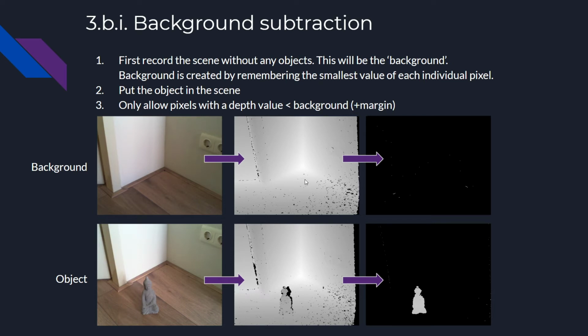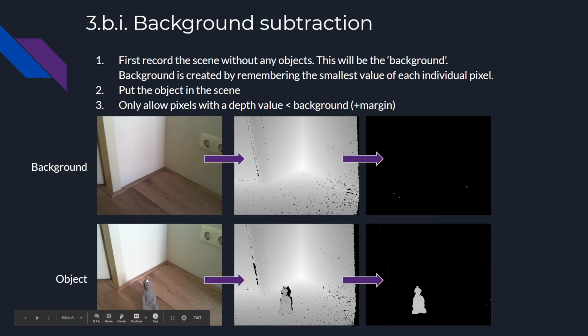And of each pixel across those 100 frames, the smallest value is taken. So what that means is the data that is closest to the camera is considered as the background. And then still you always have some noise that's left by the camera because it's just pretty noisy.